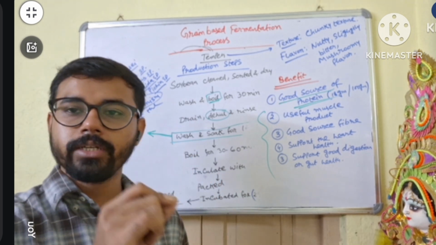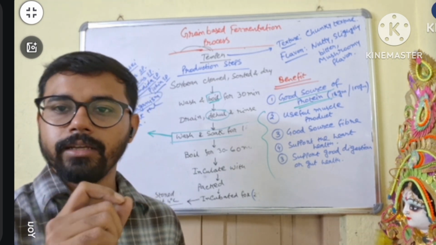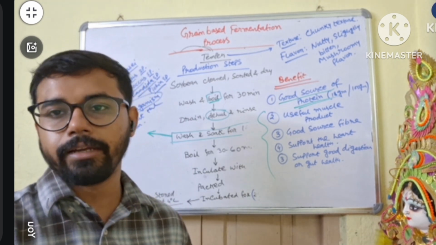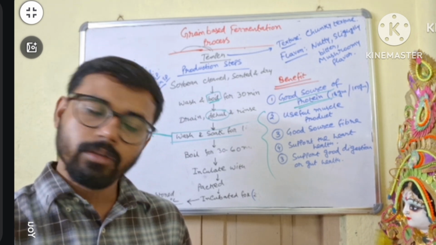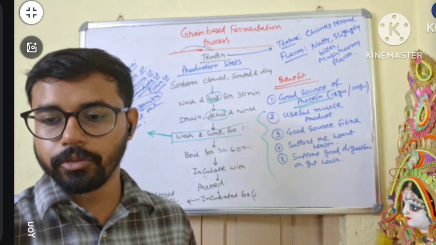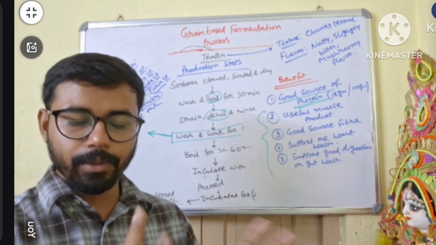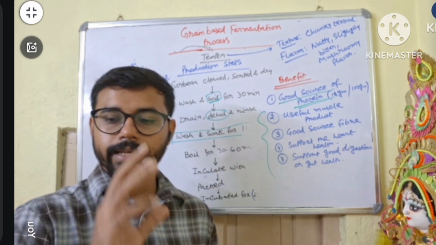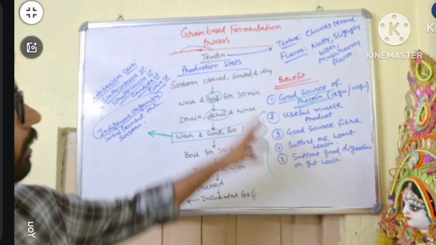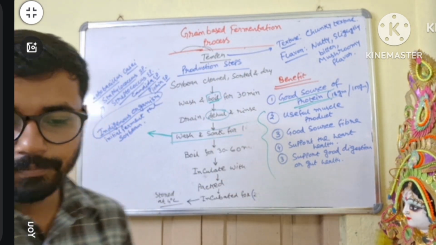That means if your body weight is 60 kg, 60 gram of protein is needed in a day's diet. But every day we lack protein because our total staple foods are all rich in carbohydrate, less in protein. That's why the beneficial effect of tempeh is that it is a good source of protein.